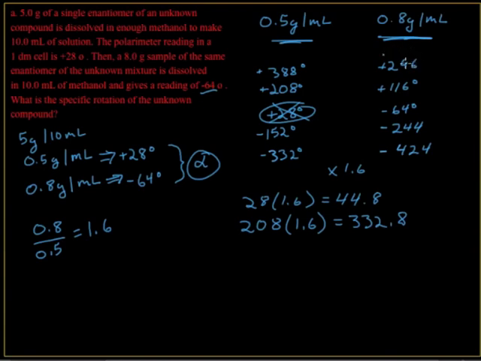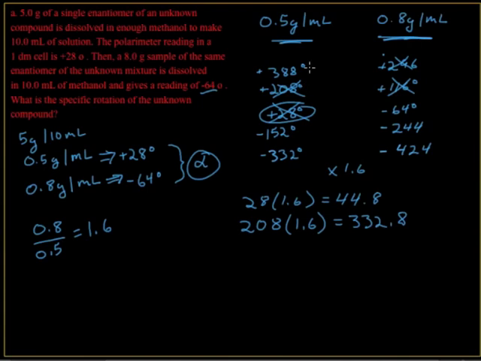Even if I were to add another 180 to 296, I can see right away it's not even going to be close to 332. Okay, so that means the 208 value is not good. And also, I can rule out these ones over here because we've passed them. 208 times 1.6 was 332, which is higher than the plus 116, or plus 296. So I'm going to start looking at the minus values now.